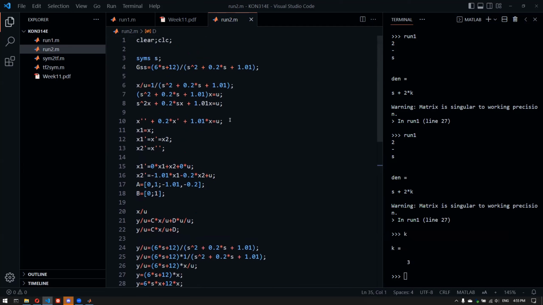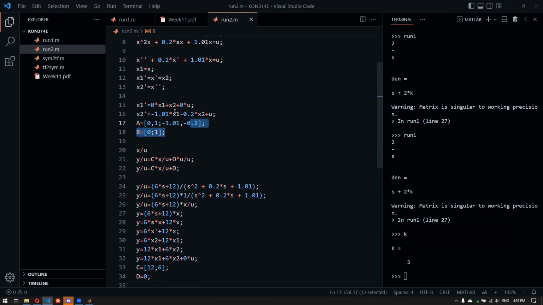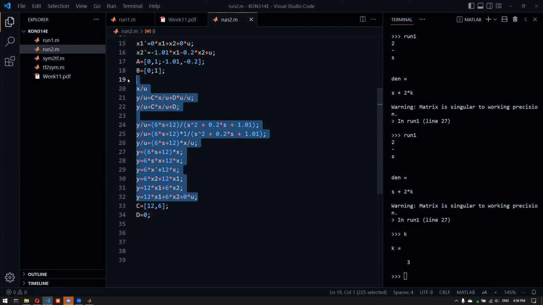That's it. So these are basically the steps that I carry out. I take the characteristic polynomial, get rid of the numerator, put in 1, cross-multiply, convert it into a differential equation, define each new derivative as a new variable, and convert it into a state space dynamic equation, basically getting A and B. Once I'm done with that, I look at the numerator part, multiply that with x in this case, and convert it into the static equation or output equation, and I've acquired the necessary matrices.